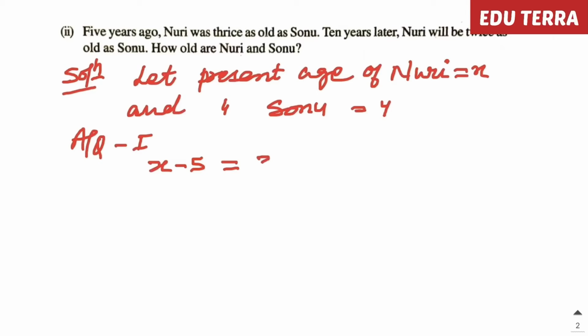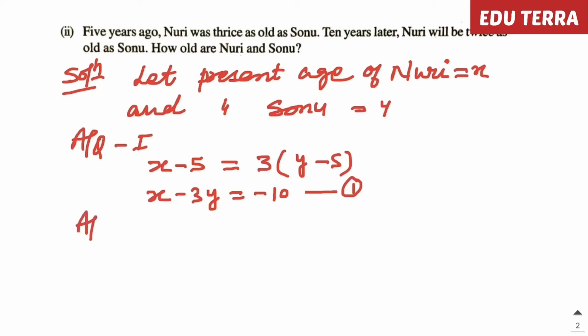So multiply 3 to the Sonu's age. Open and solve it. x minus 3y equal to minus 10. It is number 1.